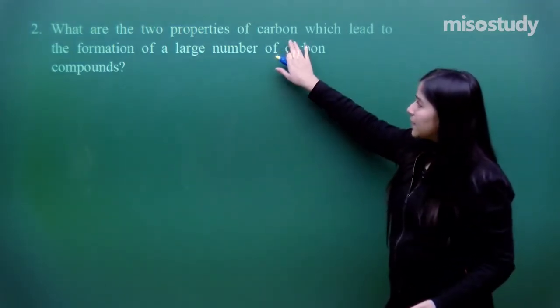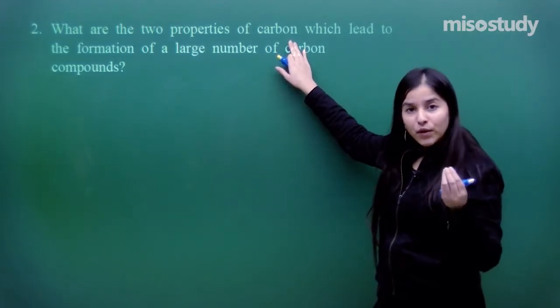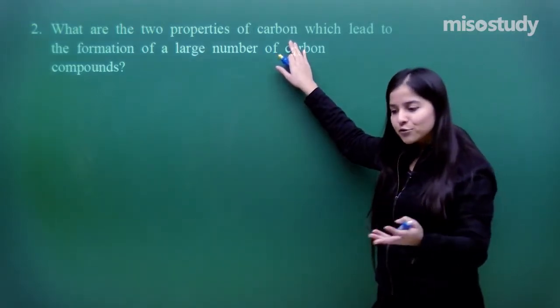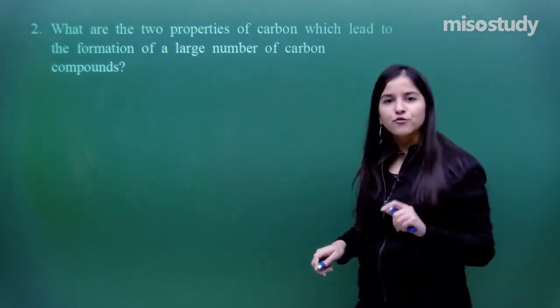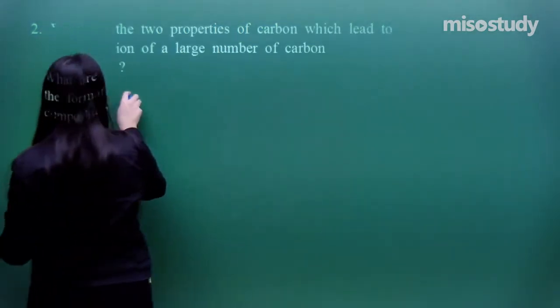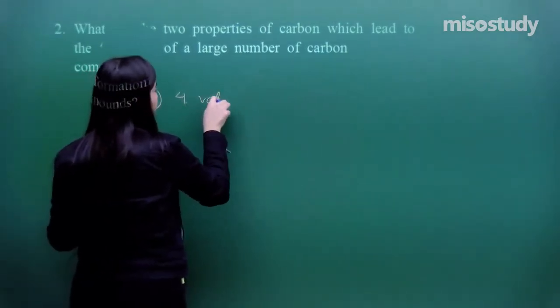So why is carbon so versatile? What property does it show that leads to the formation of so many compounds? First of all, it has 4 valencies.